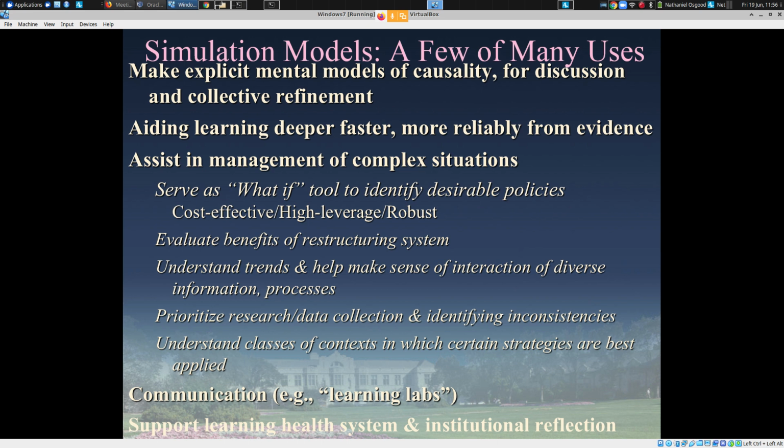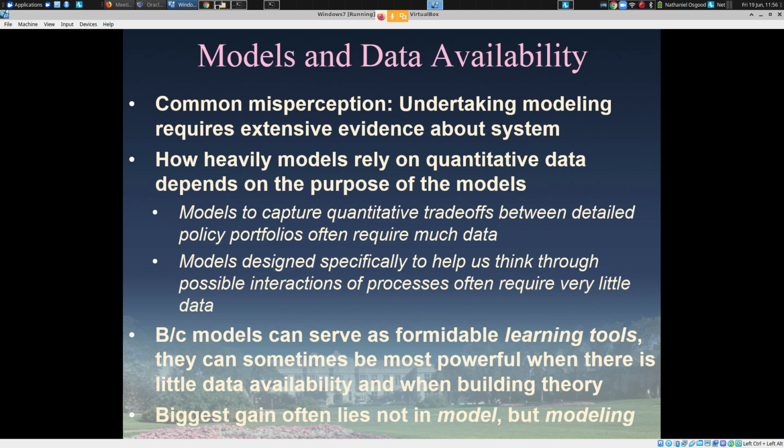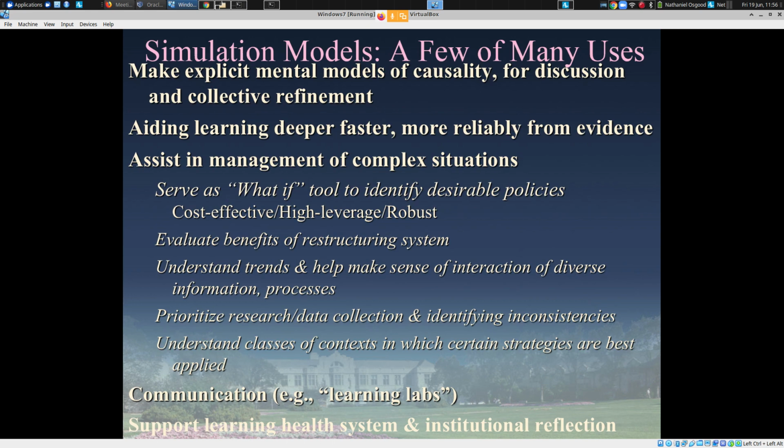But if it is possible, it benefits, and it can make sense of all those different facets of the situation, the different faces of the situation. Provide, in short, this coherent picture for what's going on that explains all these different faces like we saw earlier with COVID. It can help us prioritize data collection, identify inconsistencies in data.